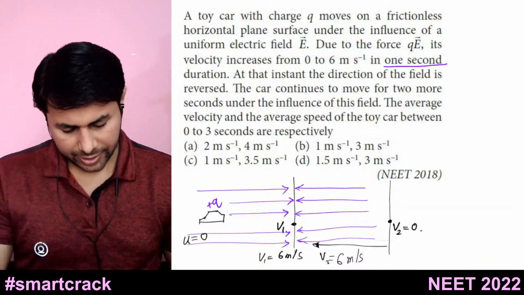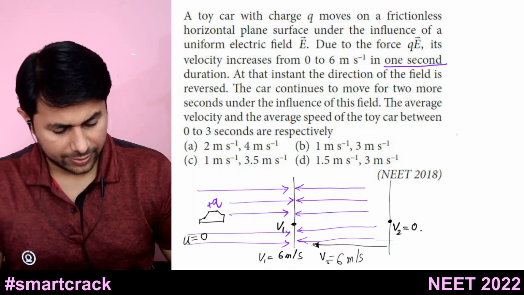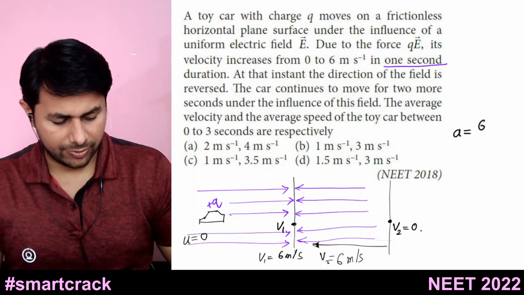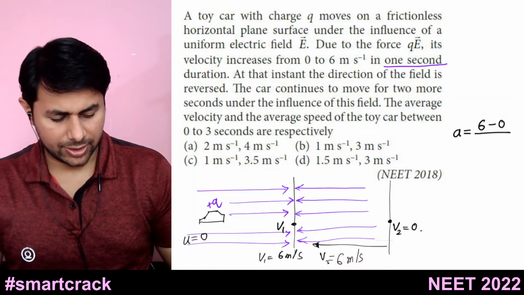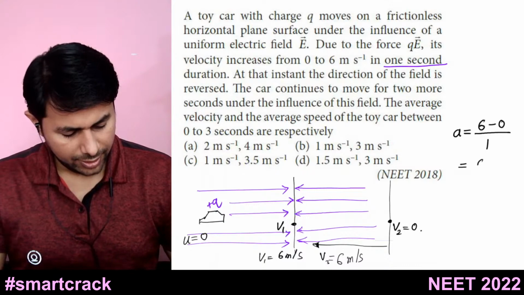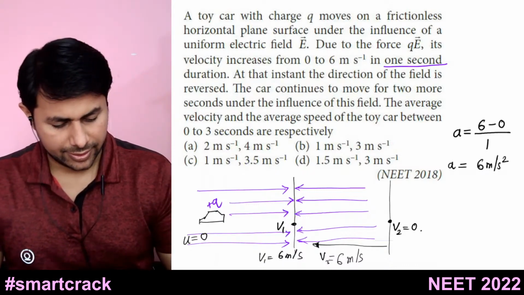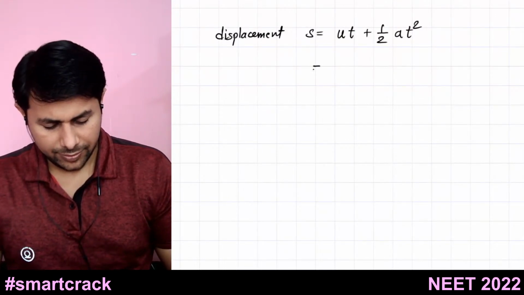So how much is the acceleration? It goes from 0 to 6 meters per second in 1 second. So we can calculate the acceleration: it is final velocity minus initial velocity divided by time. Time is 1, so 6 meters per second square is the acceleration, and u is 0.